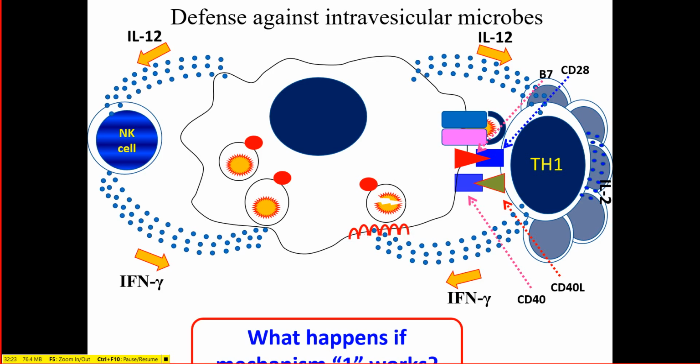What would happen if I expressed the receptors for interferon gamma when I don't need it? Well, reactive oxygen species are very toxic. You shouldn't produce them when you don't need them. You should produce it only when you need it. So I presented the antigens to T cells. They're producing interferon gamma, but I don't need to produce ROS.